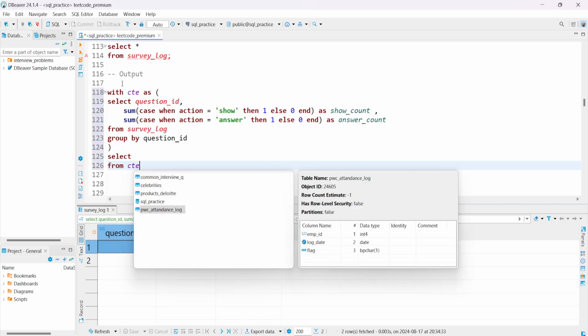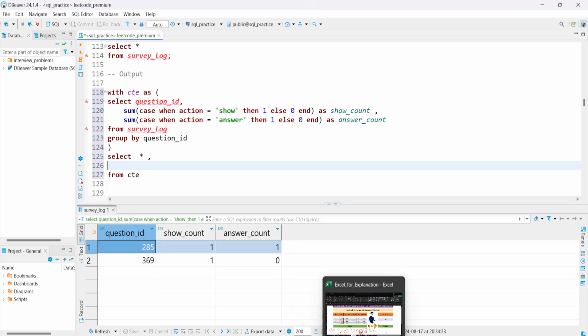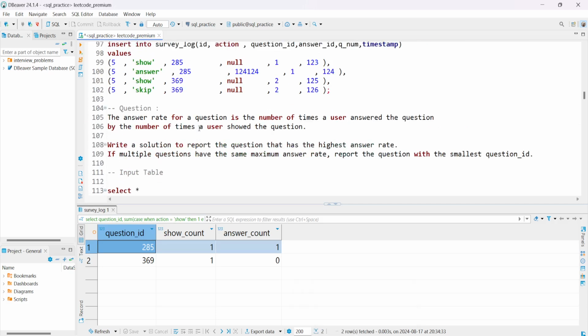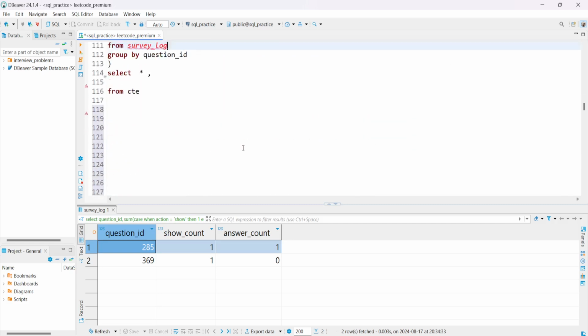Okay, now let's select everything, and then we know we want to find the ratio of answer divided by solve, right? This is what we need. Let's read the question again. So the answer rate of the question is the number of times the user answered the question divided by the number of times the user solved the question, right?